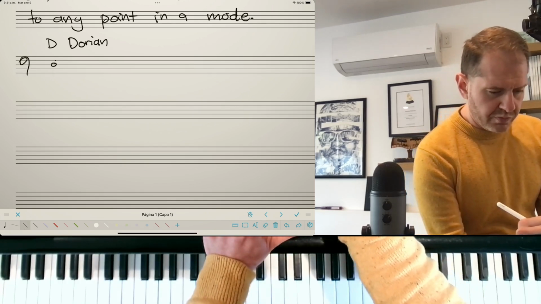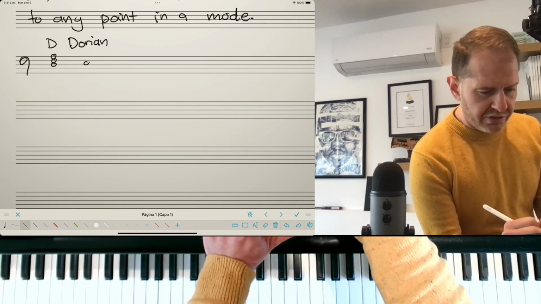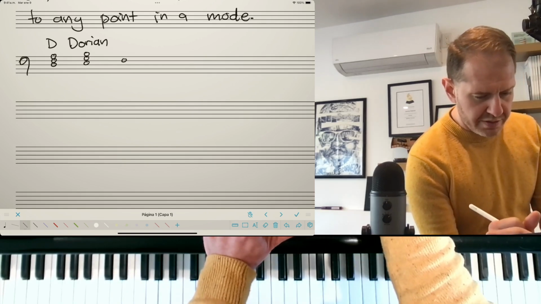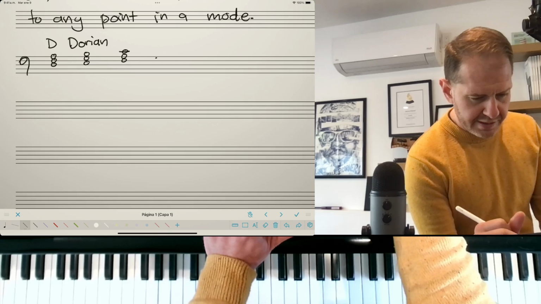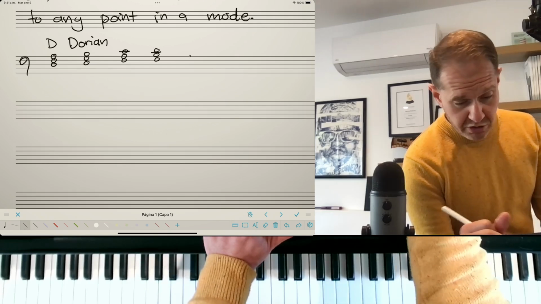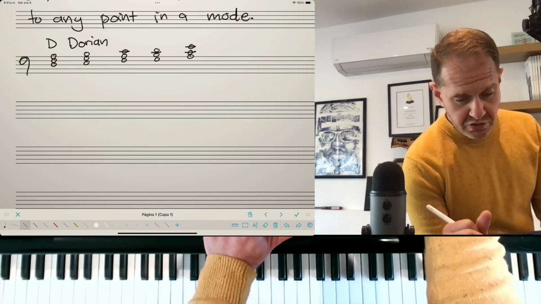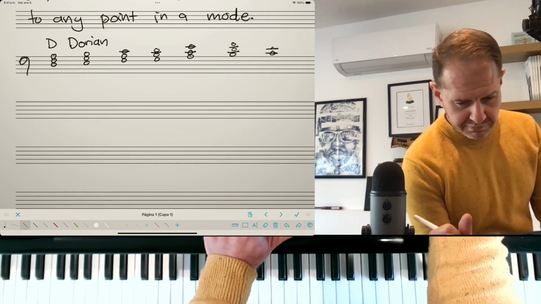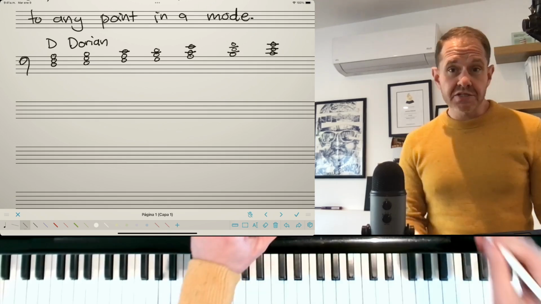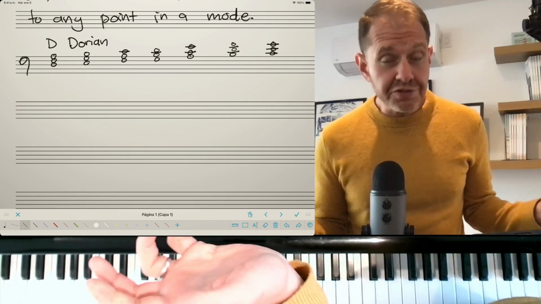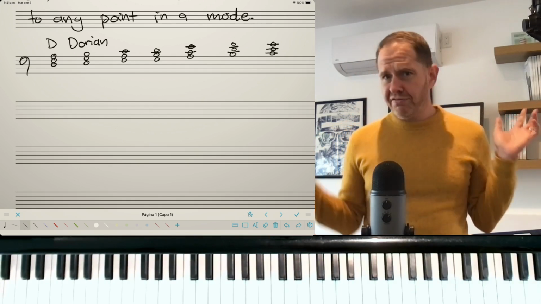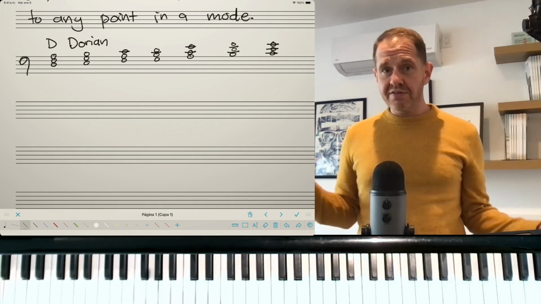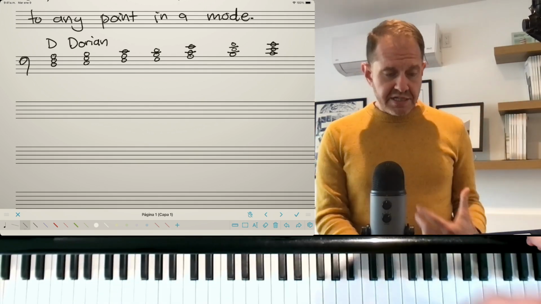So what we're going to do is we're going to stack thirds within the mode on, or above, I should say, every single note of the mode. Okay. This is not a particularly interesting modal voicing. We usually like modal voicings to have a lot of fourths or to have a variety of intervals, but this is the idea of a modal voicing.